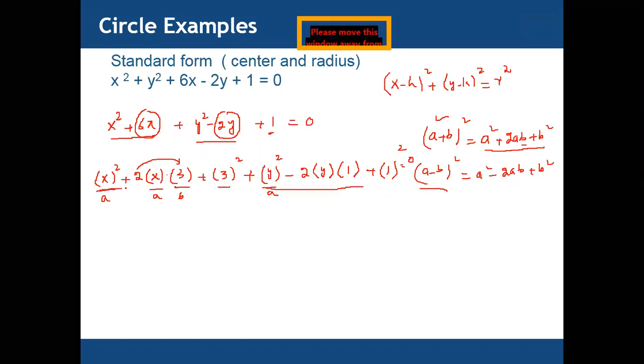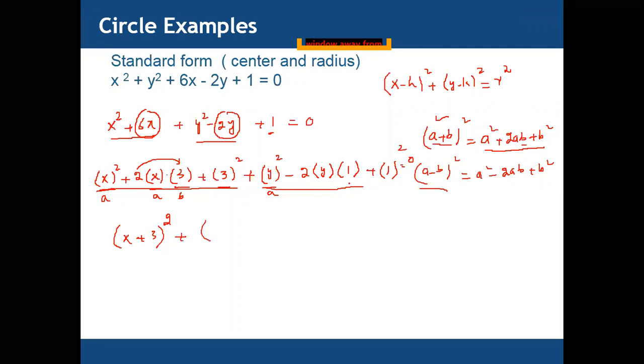The first one is a square plus 2ab plus b square. So we can write it in the form of a plus b whole square, where a is x and b is 3. So x plus 3 whole square.